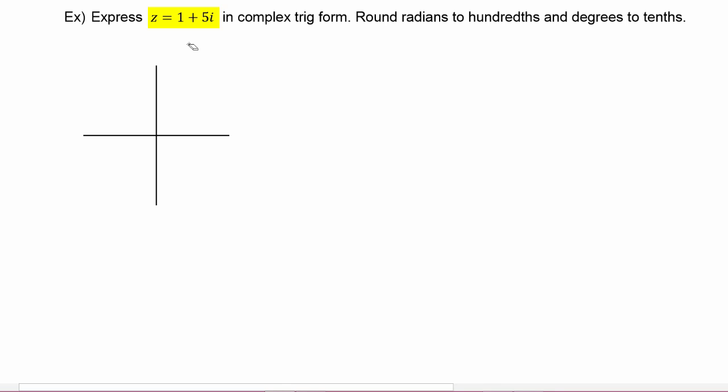First, we will want to graph z. We know that the real part is 1 and the imaginary part is 5. So here's the vector, that is z. We have to find r and theta.